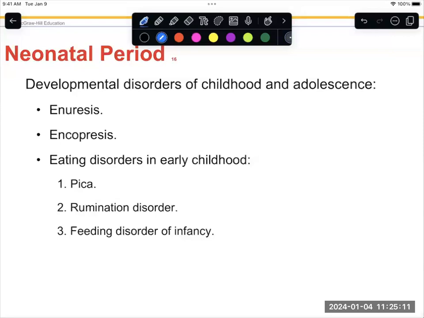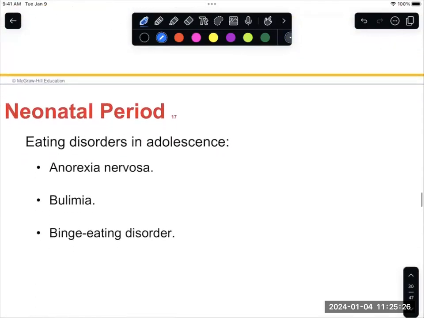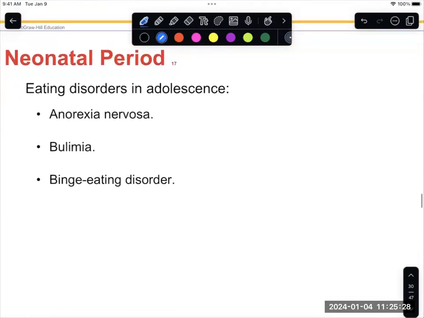Rumination disorder is a persistent regurgitation and rechewing of food after eating. Then feeding disorder of infancy is refusal to eat adequately and failure to gain weight. Anorexia nervosa occurs in adolescent females, not just females, it does occur in males too, who have an inaccurate perception of their body size, weight, and shape and refuse to maintain a normal weight.